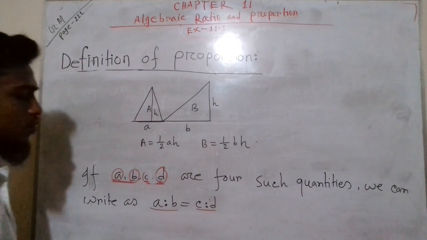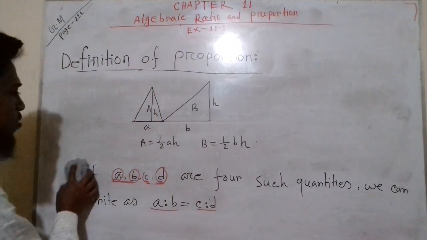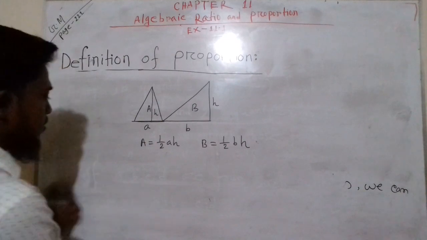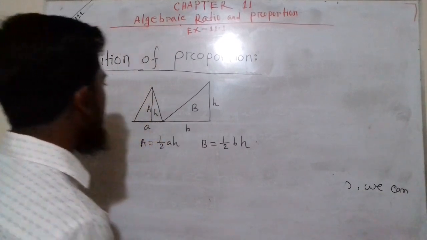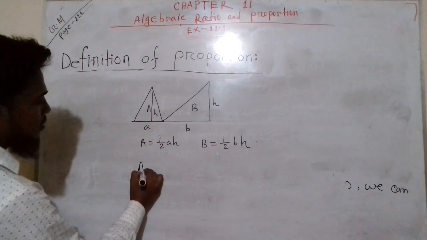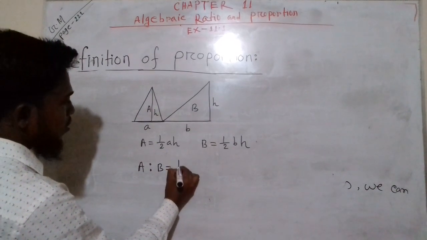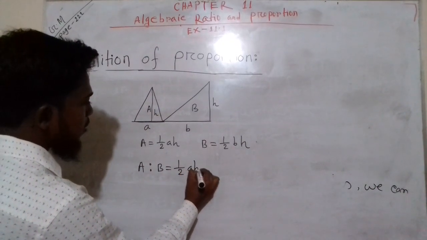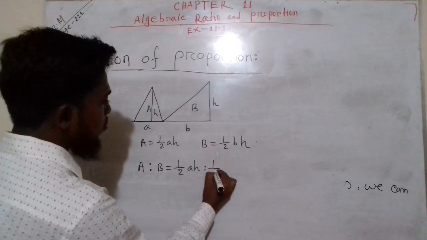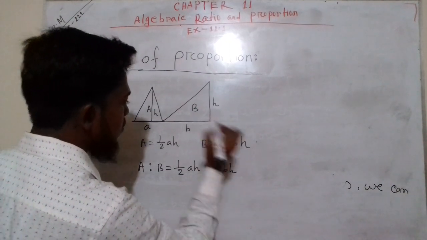So the ratio of these two triangles, A is to B equal to half of aH is to half of bH.